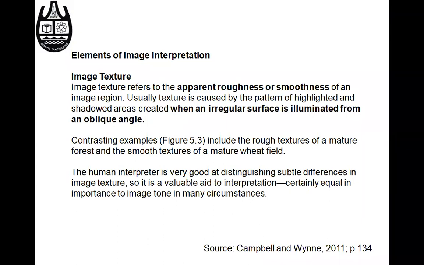So irregular surface, for example, when an irregular surface is illuminated from an oblique angle, that causes the pattern of the highlighted and shadowed areas. And you can see some of the areas are more bright and some of the areas are less bright.